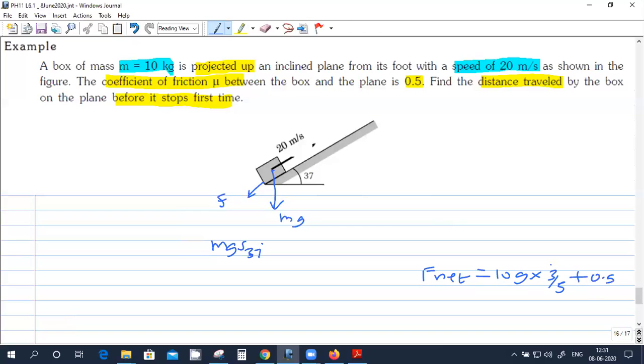0.5. What is the normal reaction here? What is normal reaction equal to? Mg cos 37, right?